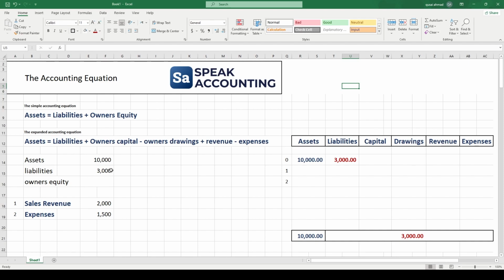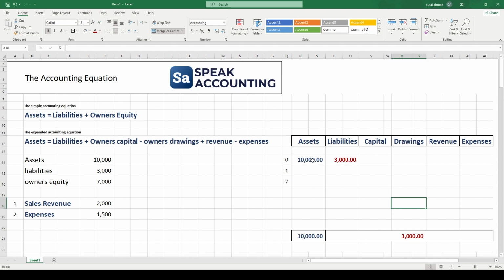According to the simple accounting equation, assets equal liabilities plus owner's equity, which means mathematically if your assets are 10,000 and your liabilities are 3,000, what's left is your owner's equity, which in this case is going to be 7,000. I made this table right here to show you how it works.